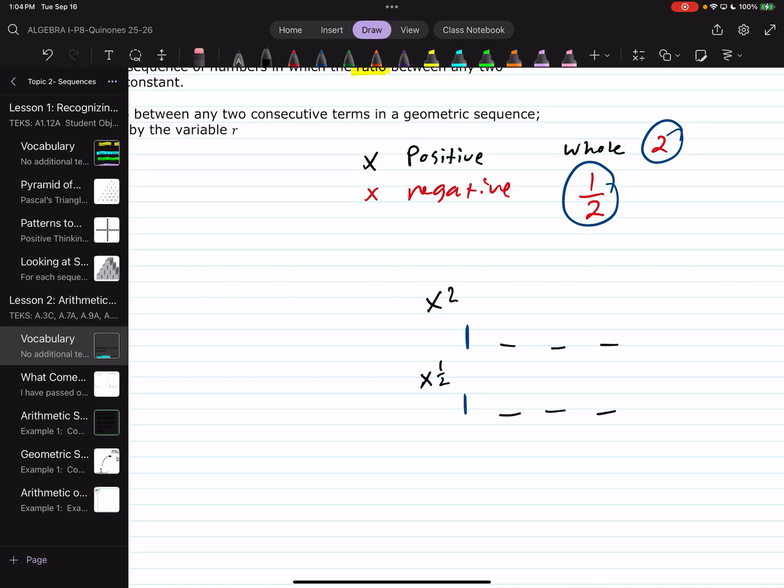I want to keep it in a fraction. I don't want decimals. Believe it or not, decimals serve us no purpose in this class, really. We use fractions more than we use anything else.